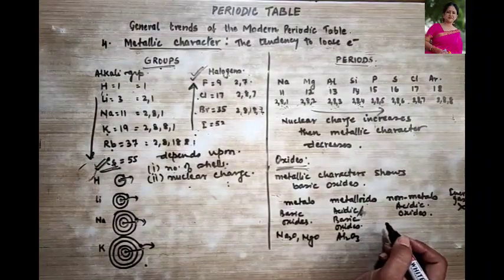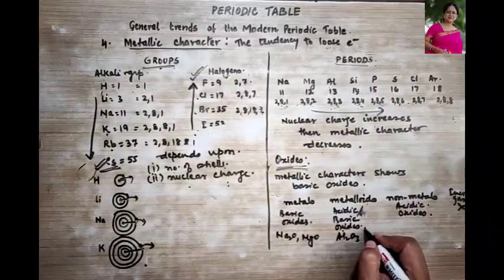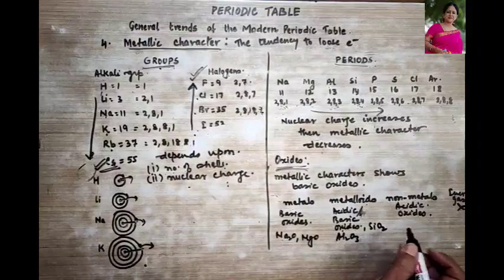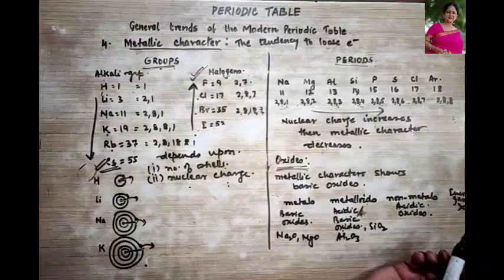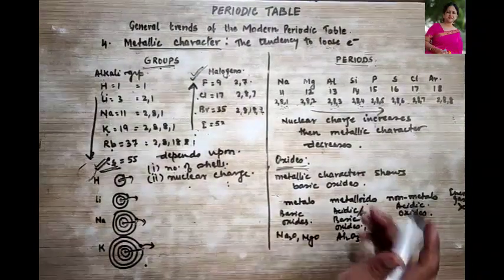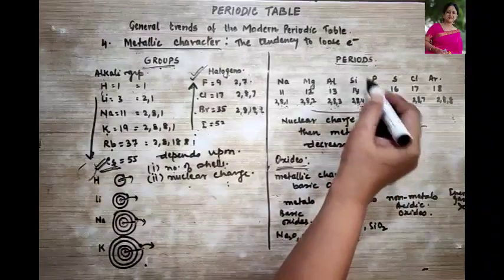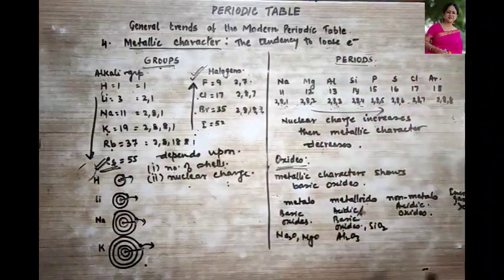Okay. Then we move to which one? Silicon. So we have silicon dioxide. This is also exhibiting not exactly basic, not exactly acidic, right? Somewhere in between, because it is a transition element from this to non-metal.